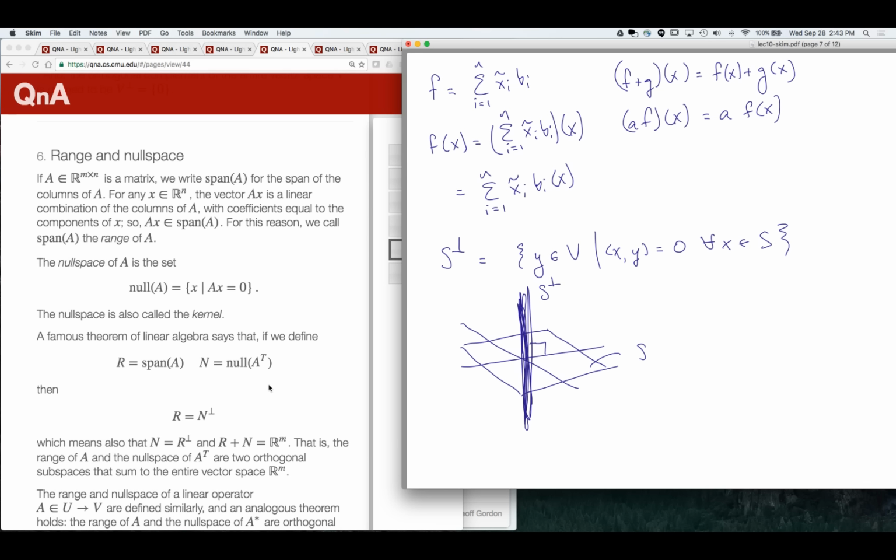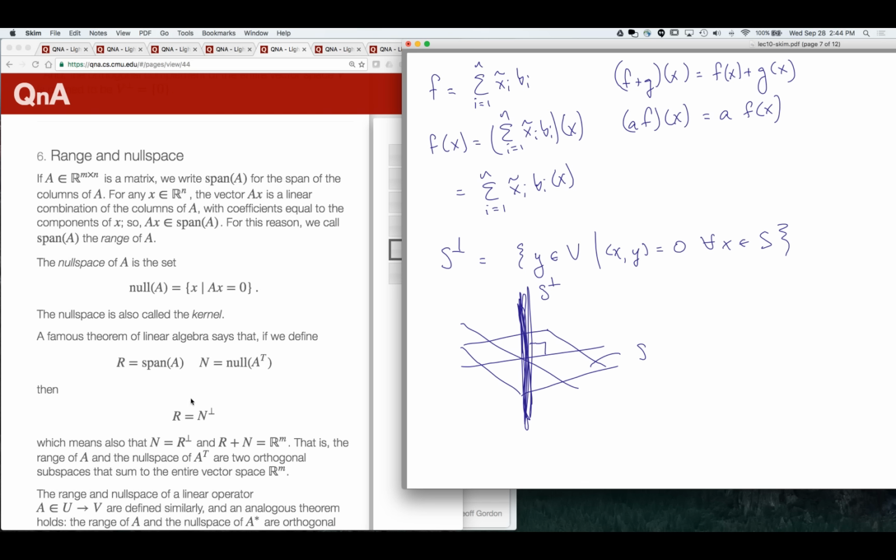When you're working with linear equations or with matrices, there are basically two really important subspaces for any matrix, which is to say its range, or span, and the null space of the transpose.